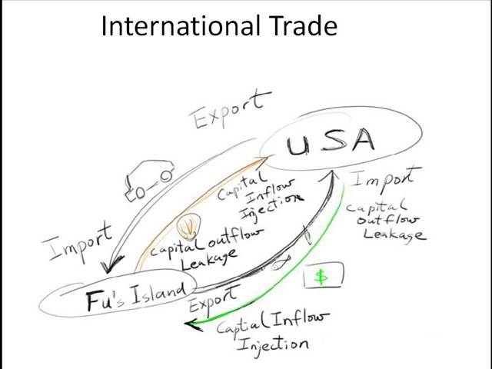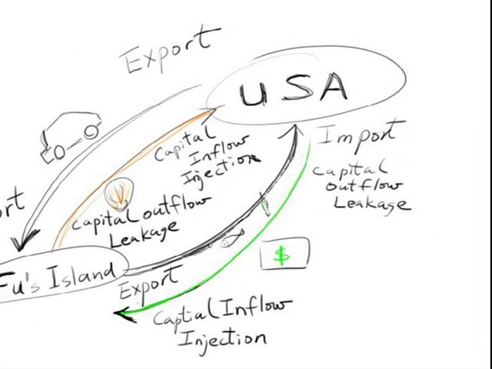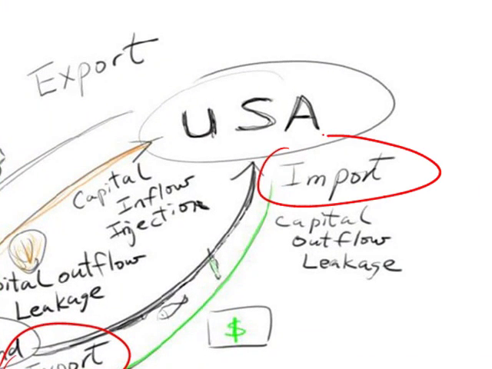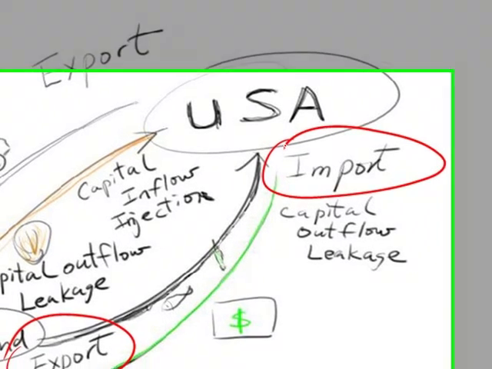It's an export for Fus Island, and it's an import to United States. So United States had to pay them with US dollar.